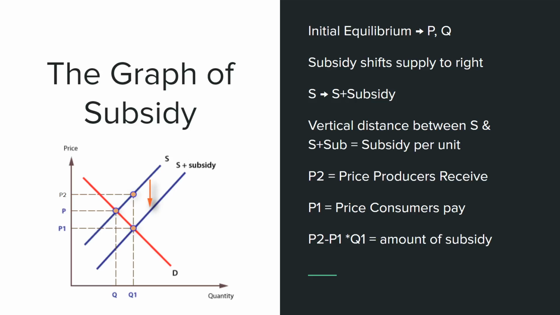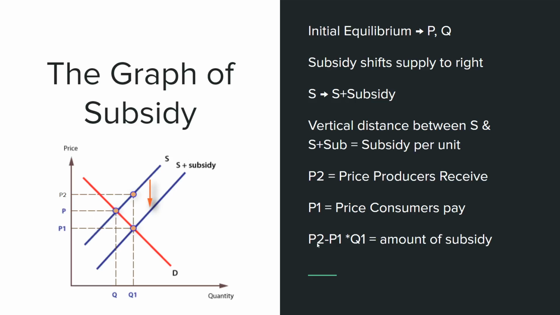And they get this logic because they assume that since the firms are receiving a higher price, this also means that consumers have to pay that price, but that's not true. Because the reason why producers receive this higher price is because the government paid them this amount, this vertical distance, to get them from P1 to P2. So the consumers still receive the lower price from the original market equilibrium price.